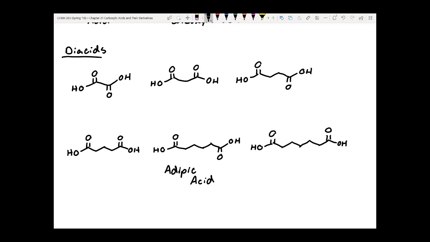The first one was called oxalic acid. Then there's malonic acid. Like I said, a lot of these will show up in biochemistry courses. And there's succinic acid. And then there's glutaric acid.